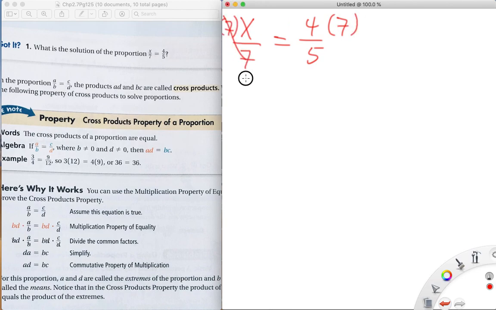That cancels. X equals 28 over 5, which equals 5.6.